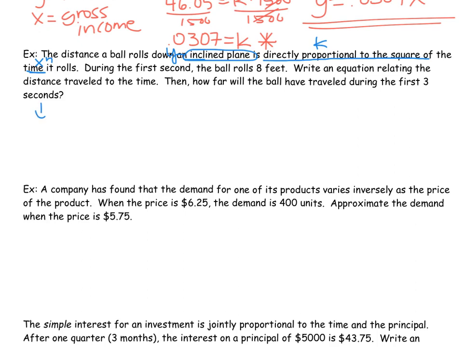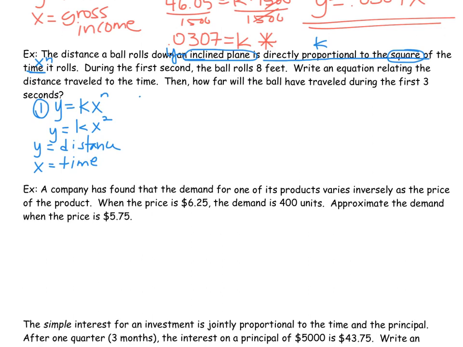If we start out with that template, y equals k times x to the nth power, we know that the nth power is the squared power, so square of the time just means it's going to be x squared. Y stands for the distance the ball rolls, and x is the time it rolls. That's step 1, identifying the type of variation we're using and what variables are in place.